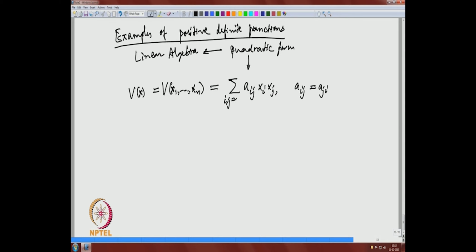So, these are termed quadratic forms in n variables, and there are well defined necessary and sufficient conditions for this V to be positive definite.